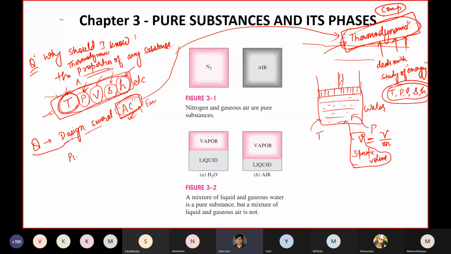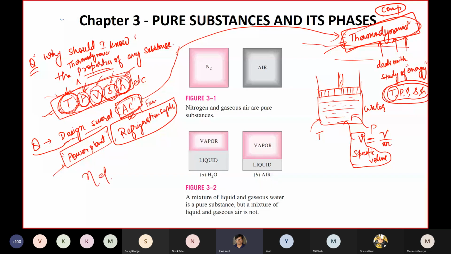All these things, power plants and refrigeration systems, require knowledge of fluid properties. You need to know these properties a priori so that you can design your equipment efficiently. Not only that, you can also judge your efficiencies if you have proper knowledge of these properties.